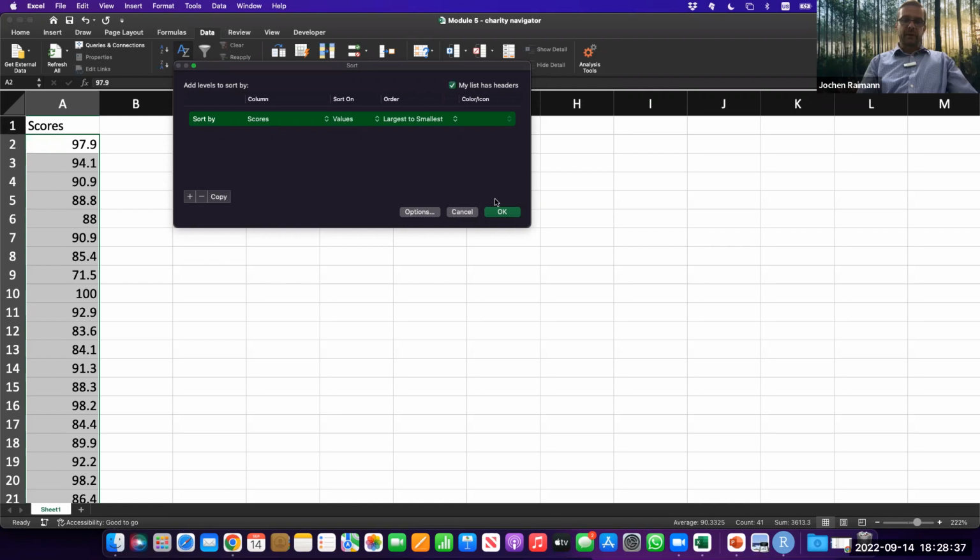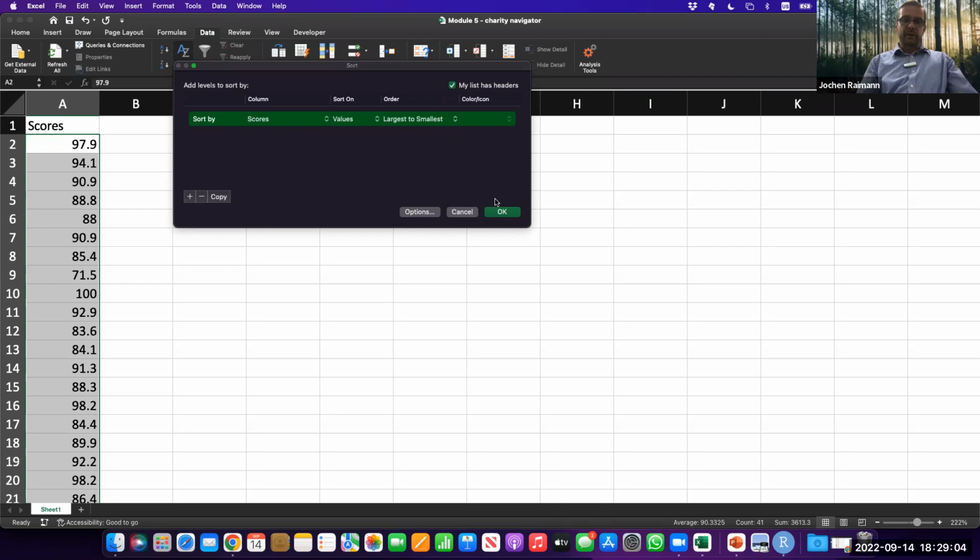You go on data, you select A2 to A41, you click on data, and you click on sort. But my list has headers, it doesn't include 97.9. Then you need to deselect it.